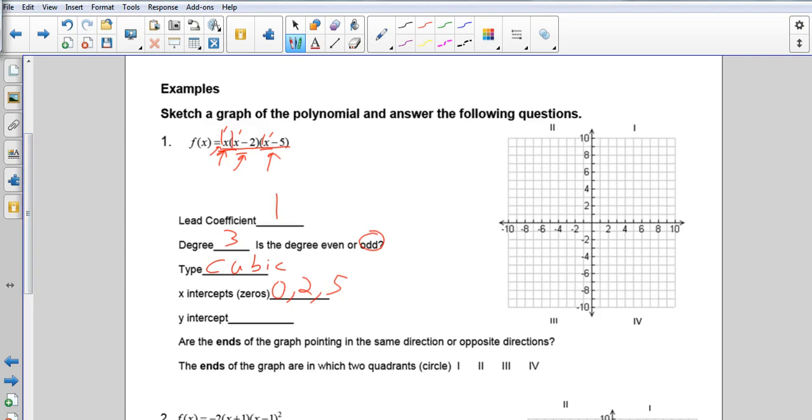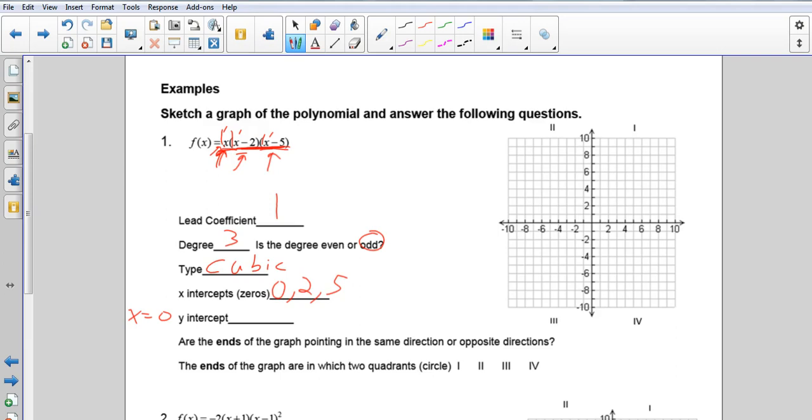Now remember, for the y-intercept, x is equal to 0. So if we plug 0 in for x, no matter what happens in these parentheses, this 0 is going to make y 0, because it's going to negate everything else we do.